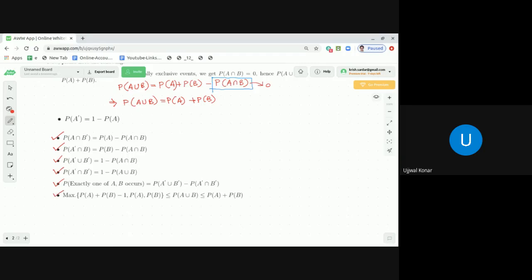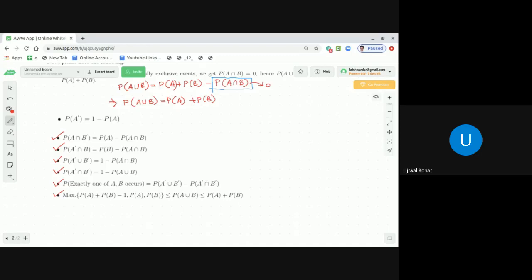Now, dear students, how can you make sure all these statements I have written are true? Obviously it is true because I am saying it, and it is proven also. But you can practically take an example. You choose your random experiment, you choose two events, and then write down their probabilities and test all these cases I have just written, and you will see it is exactly matching.